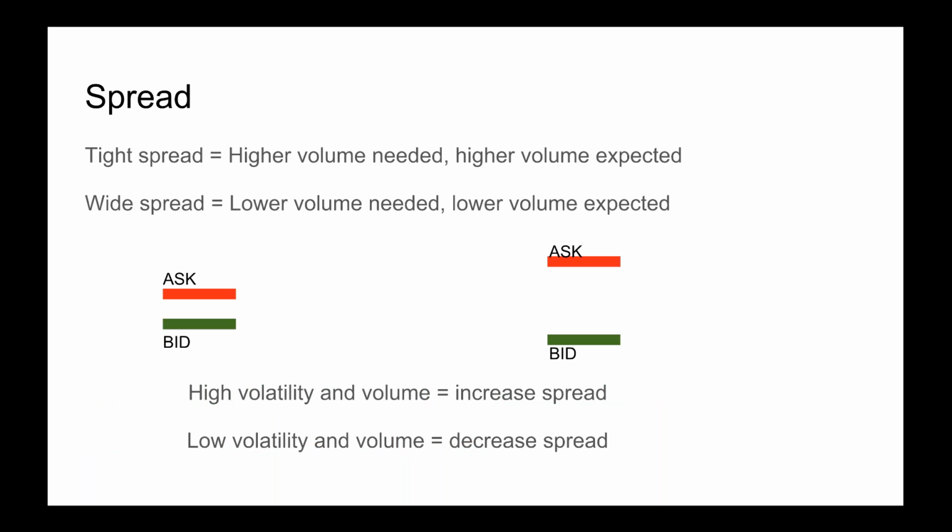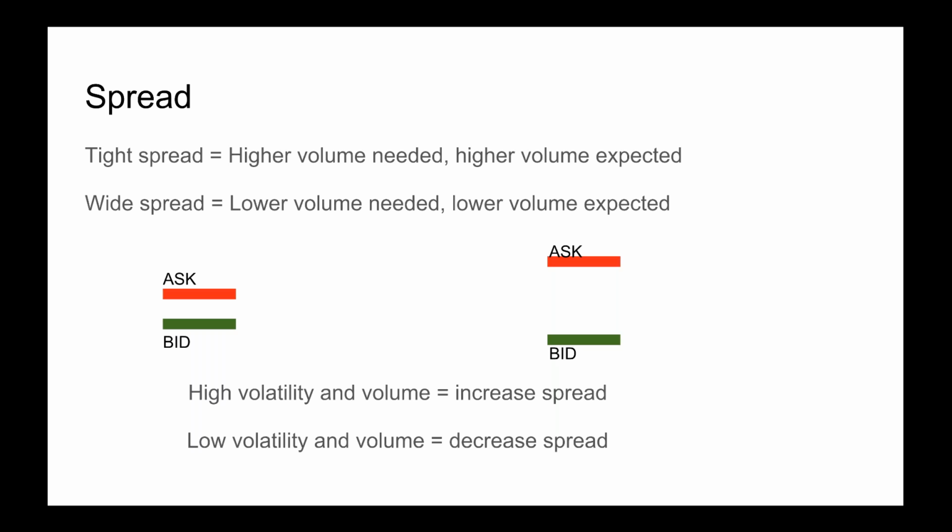The market maker has to have certain abilities and capabilities in the exchange platform to adapt to changing market conditions. So when the spread is tight, the market maker needs a higher volume just to generate the same amount of profit.